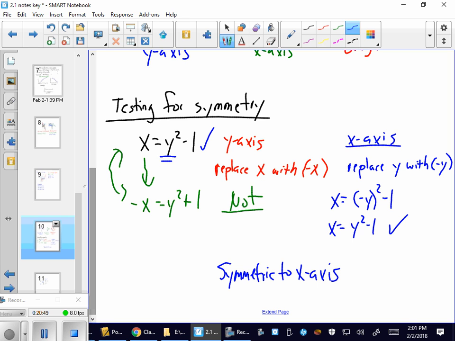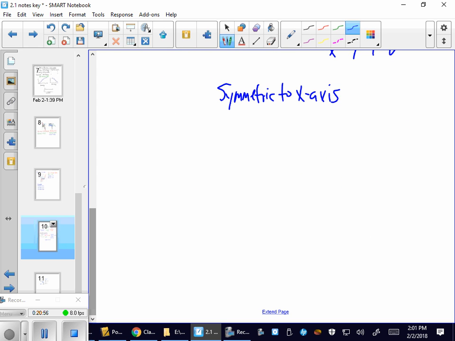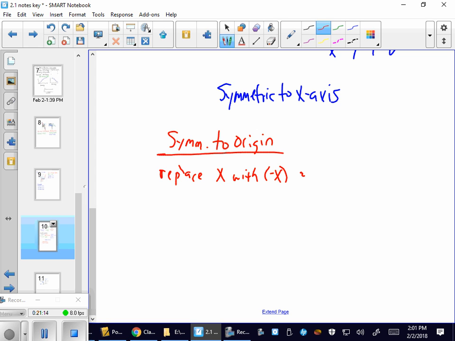All right. If you wanted to test symmetry to the origin, you would replace all of the x's with negative x, all the y's with negative y. So replace x with negative x and y with negative y. And then again, if you do that and you get the exact same thing that you started with, then it'll be symmetric to the origin.